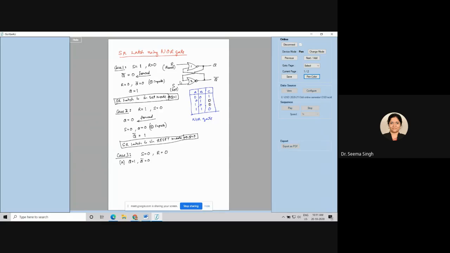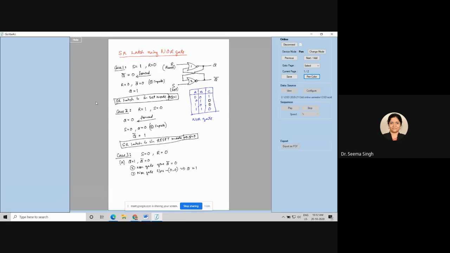So your second NOR gate gives Q bar equal to 0. And now this Q bar equal to 0 goes to the first NOR gate feedback. R was already 0 and Q bar became 0. So the first NOR gate inputs are 0 and 0, so it gives Q equal to 1.